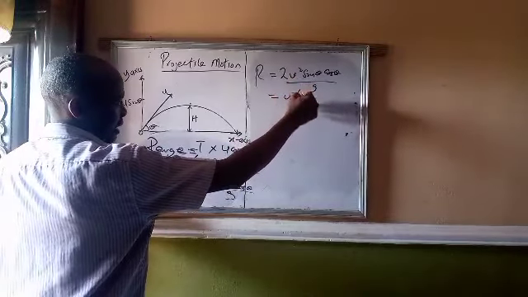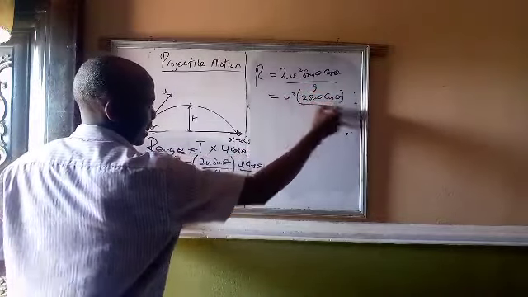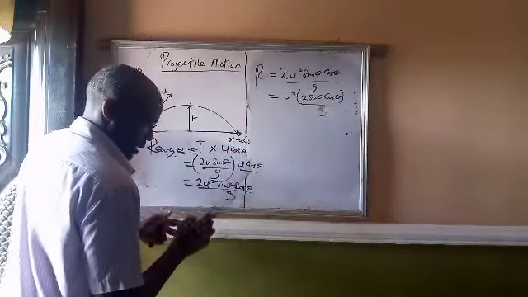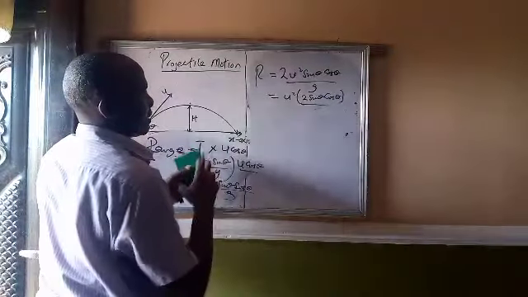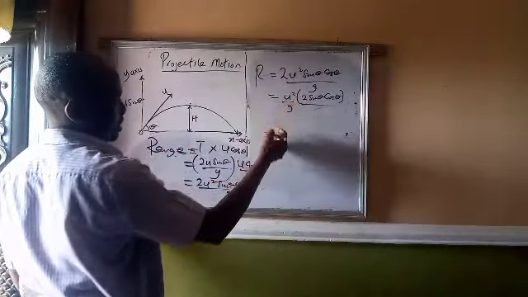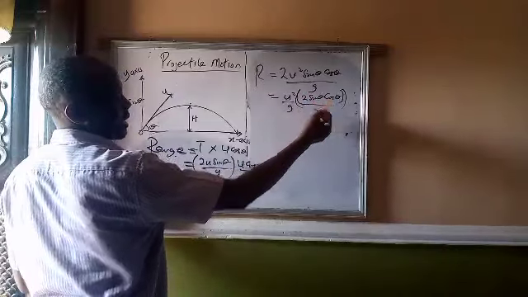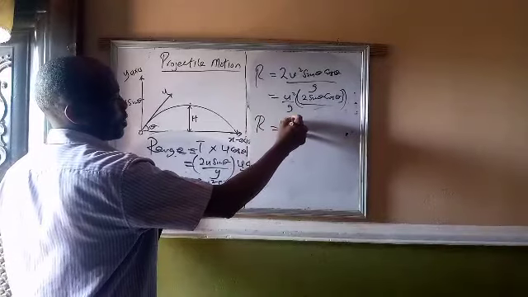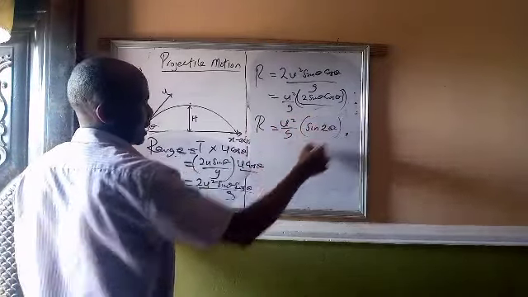This is 2 sine theta cos theta over g. Let me bring the g here. The whole of what I have in the bracket, which is 2 sine theta cos theta, should be sine 2 theta. So therefore, R equals u square over g times sine 2 theta.